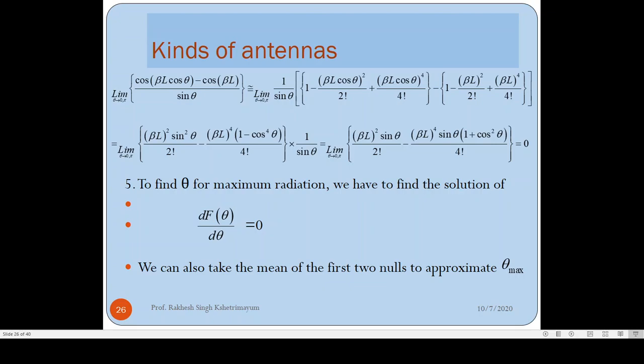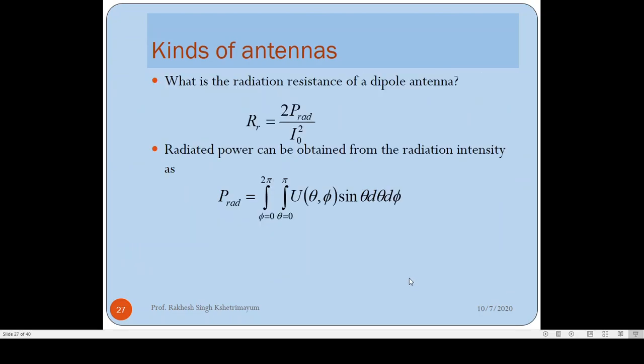So this is another way of finding theta max. The proper and mathematical way of finding theta max is you differentiate f theta with respect to theta and equate it to 0. What is the value of theta for that? You get theta max. Or a simpler way is you first find the first two nulls of the radiation pattern of the antenna and the center of that will be theta max.